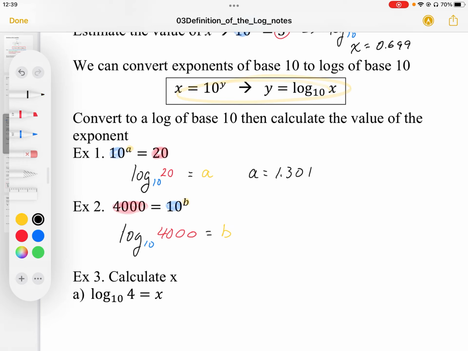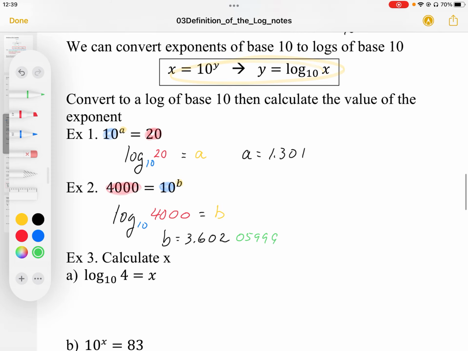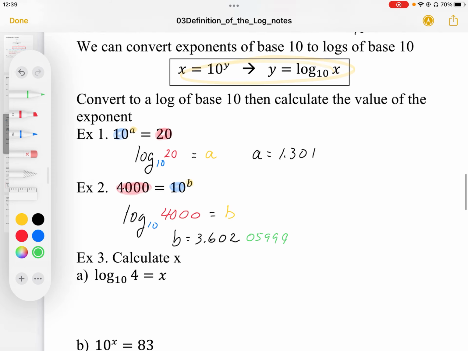So B works out to be 3.602. Okay, and I'm just going to tack on a few more decimals, so it's 3.60205999. So I'm just going to do this in a slightly different color here. The reason why I'm going to do this will be evident in a second.